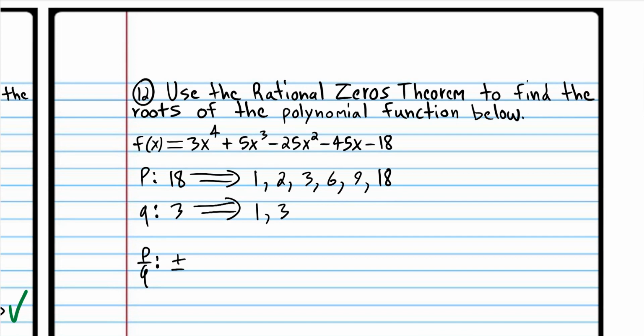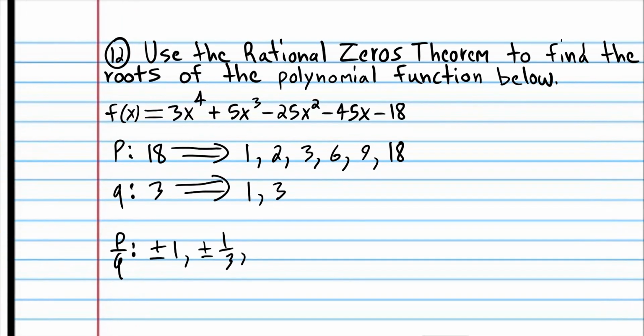So again, we don't have to list all of these potential zeros, but let's do 1 divided by 1, 1 divided by 3, and 2 divided by 1, 2 divided by 3, and 3 divided by 1, and 3 divided by 3 is 1. We already have that on the list.